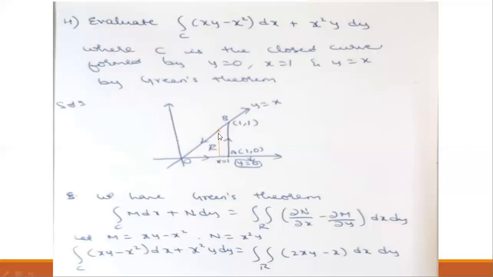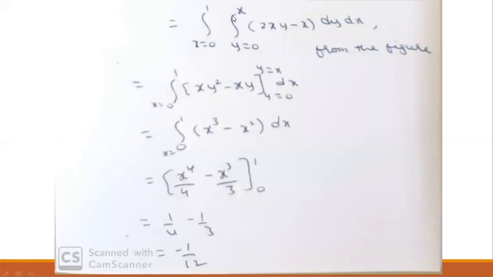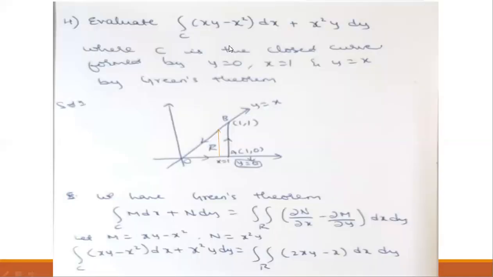Initially this vertical strip is touching the line y is equal to 0, the x-axis, and finally it is touching the line y is equal to x.